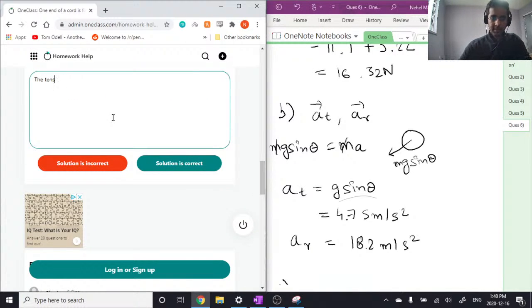So the tension in the string should be 16.32 newtons.